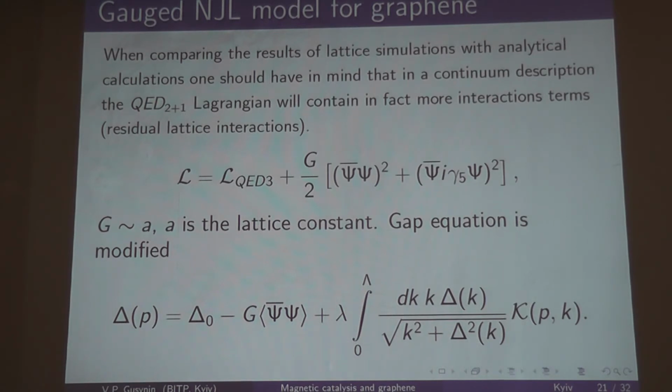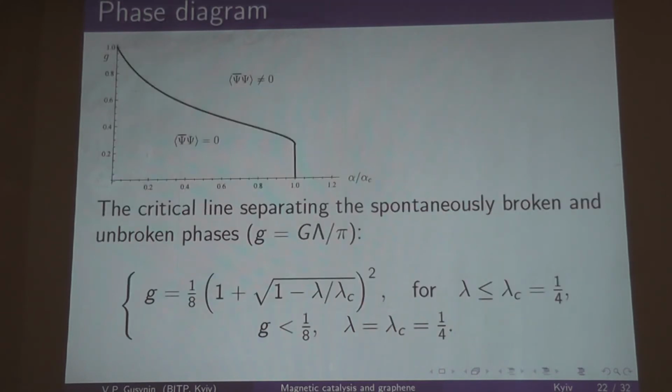So we have some changes in the equation, and instead of one point, we get such a phase diagram. This line separates the phase with broken symmetry and the phase with symmetry. An analytical expression for this critical curve can be obtained.